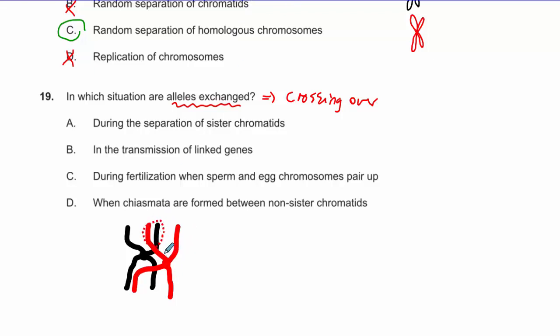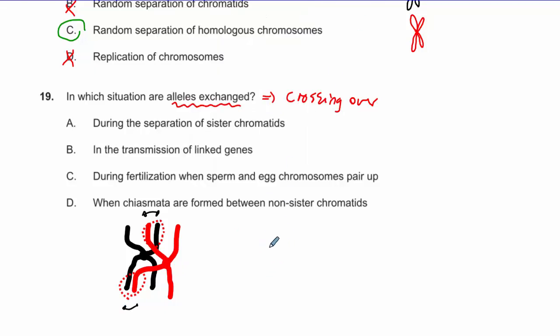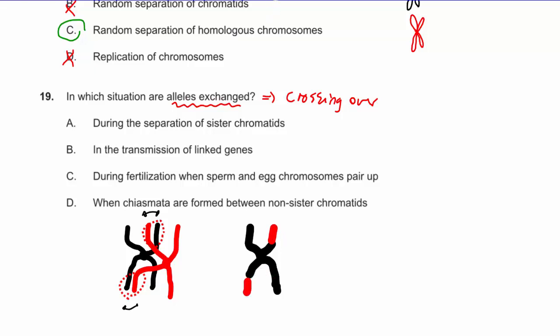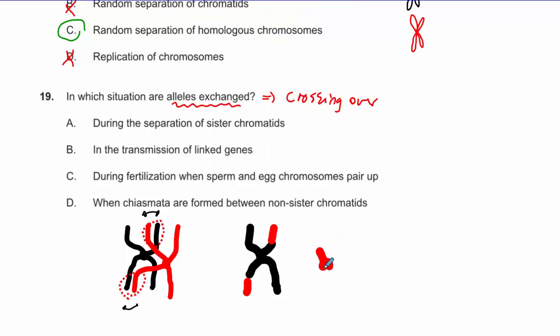Here is a chiasma and here is a chiasma, and here the genetic material, the DNA, can switch places, so that you get this hybrid Frankenstein chromosome. So like this, and then there will be red here and here, and then we get the red one.